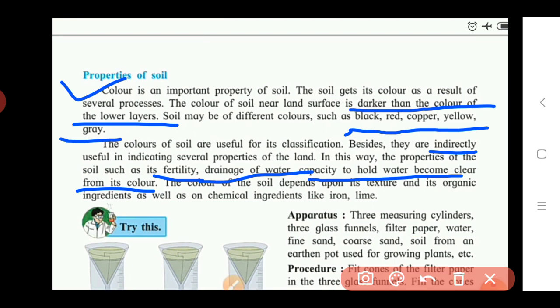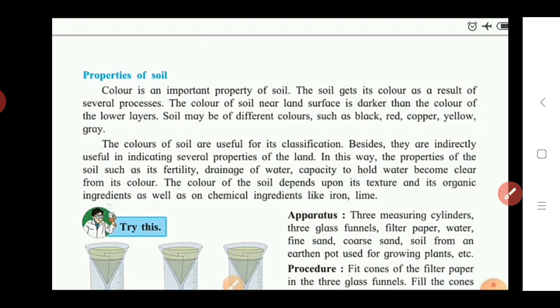The color of the soil depends upon its texture and its organic ingredients as well as chemical ingredients like iron and lime. So which factors decide the color of the soil?